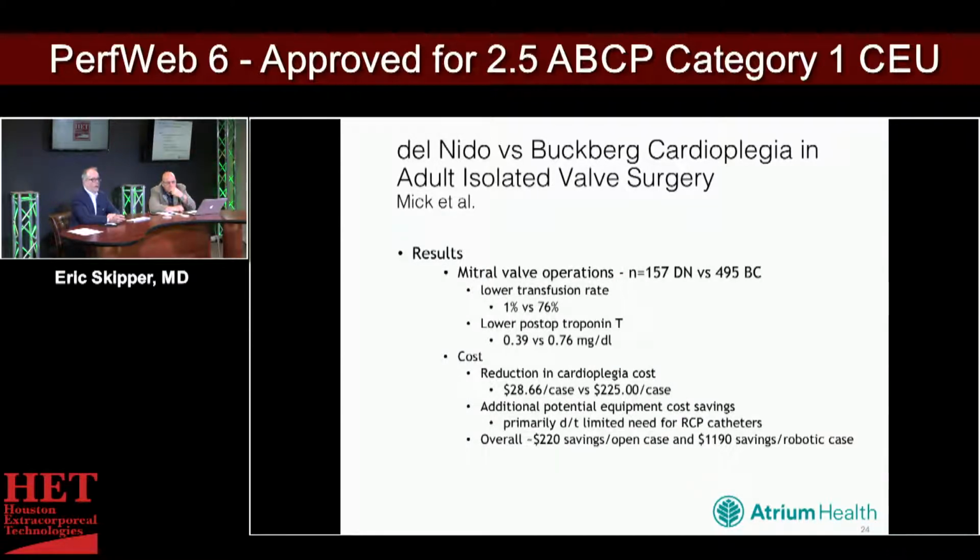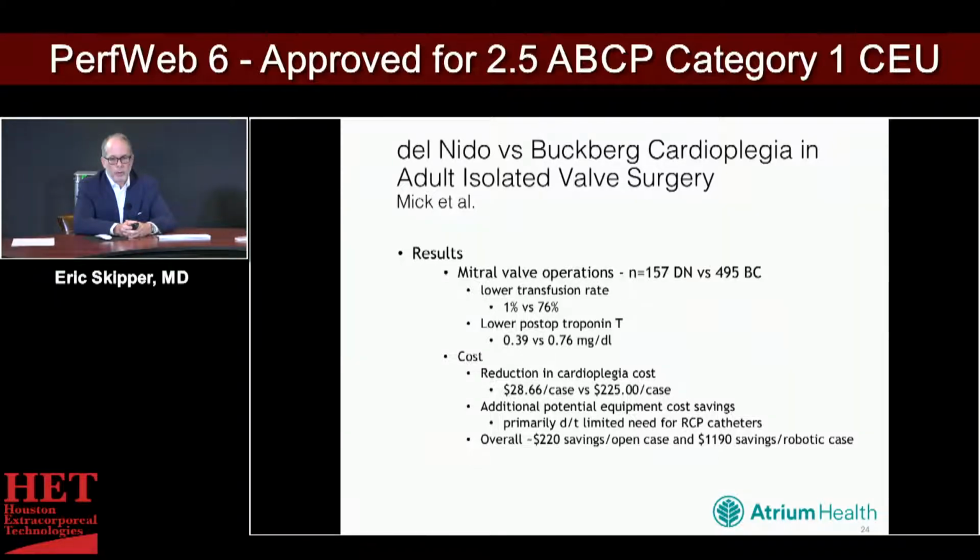With mitral valve operations, again, they noted lower transfusion rates, lower troponin T values were also noted, but they also showed an interesting cost reduction because in this particular study, they moved away from retrograde cardioplegia with the advent of modified Del Nido and moved to pure antegrade cardioplegia.